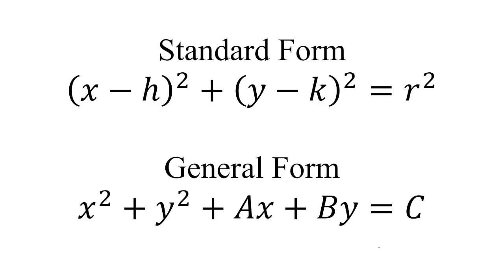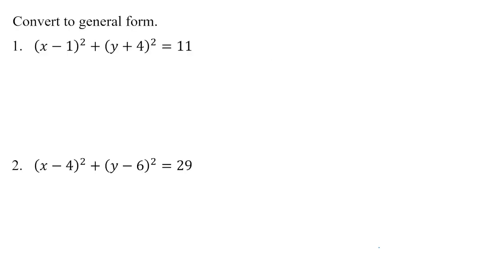So let's look at some examples. Let's say you're asked to convert to general form: x minus 1 squared plus y plus 4 squared equals 11. Well, the first thing you do, we're going to square all binomials. So we're going to start with squaring x minus 1 first.